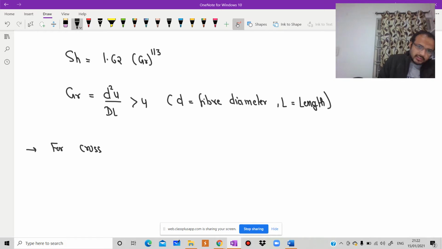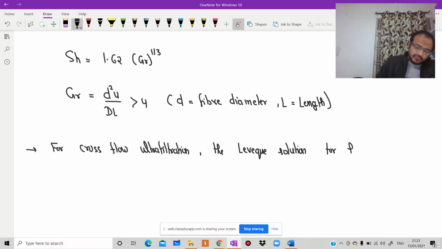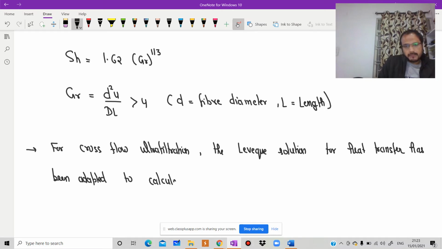For cross flow ultrafiltration, the Leveque solution for heat transfer has been adapted to calculate the mass transfer coefficient.